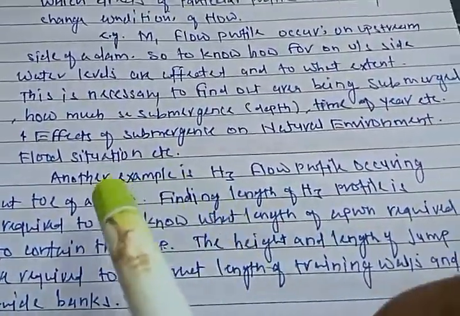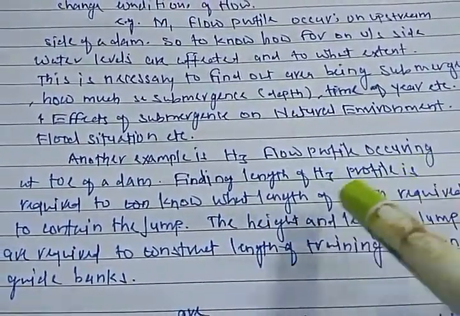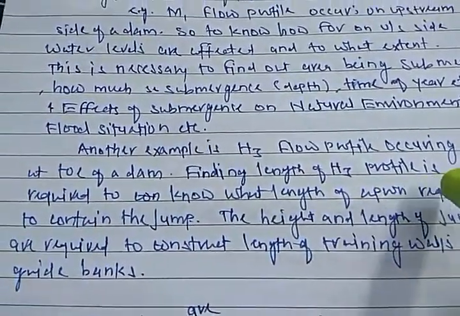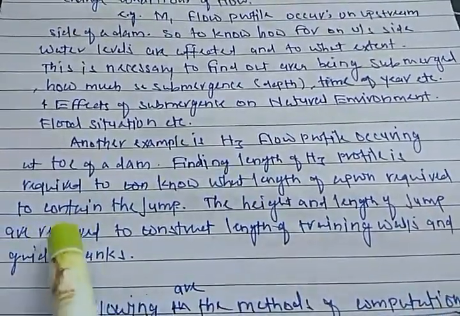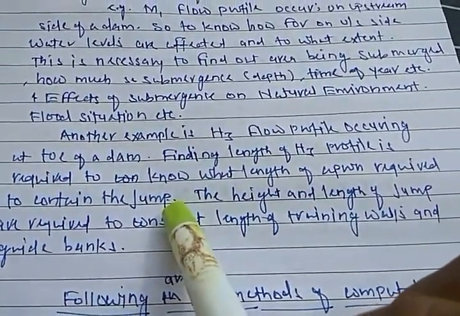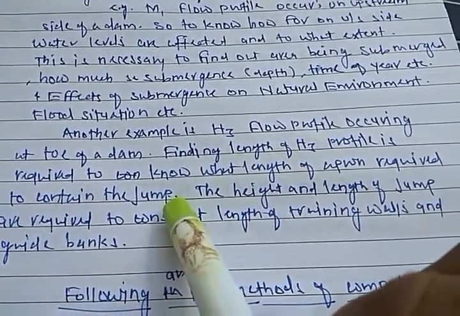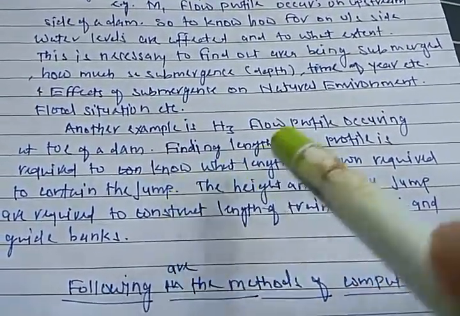Next is the H3 flow profile. Suppose this flow profile is occurring on the toe of a dam. Finding out the H3 profile is required to know what length of apron is required to contain the jump. We know the apron is constructed to minimize the damage caused by shooting flow to the toe of the dam.